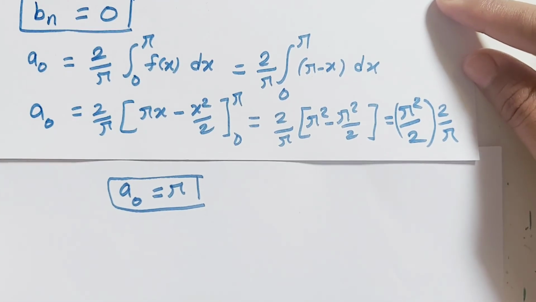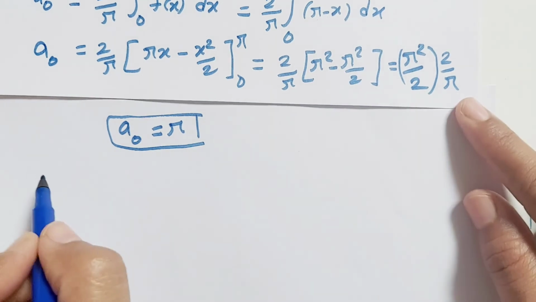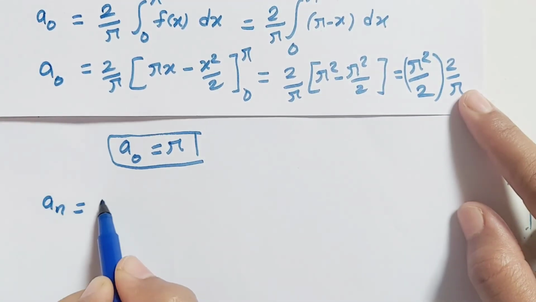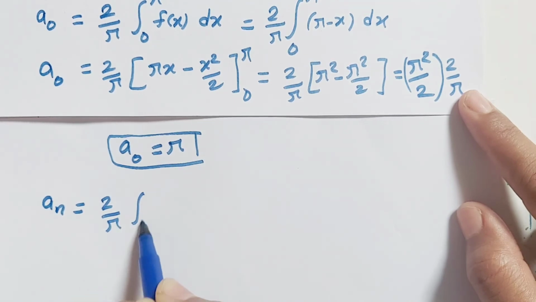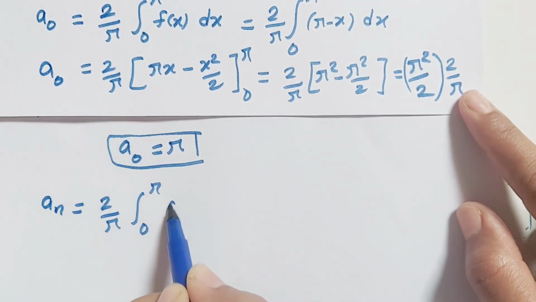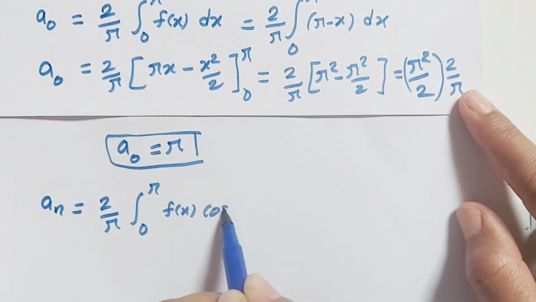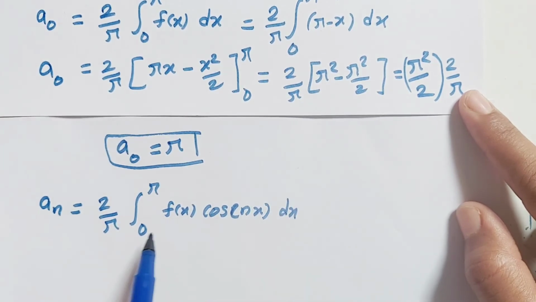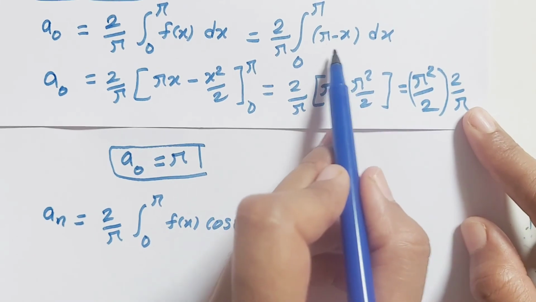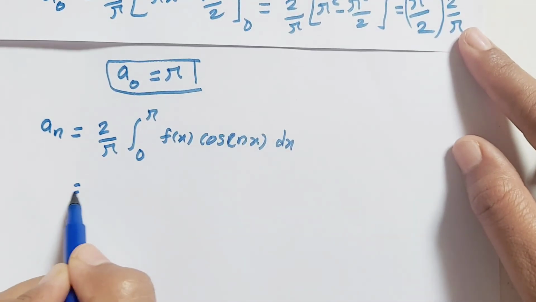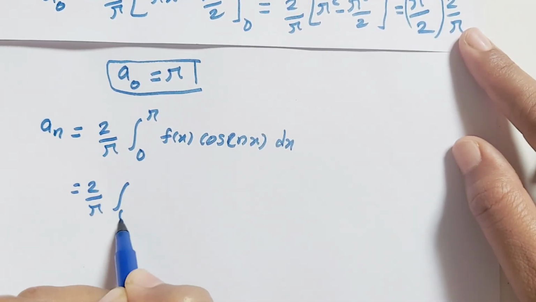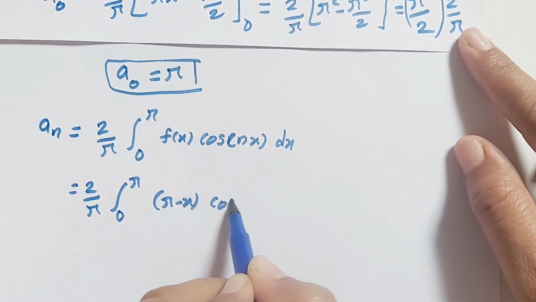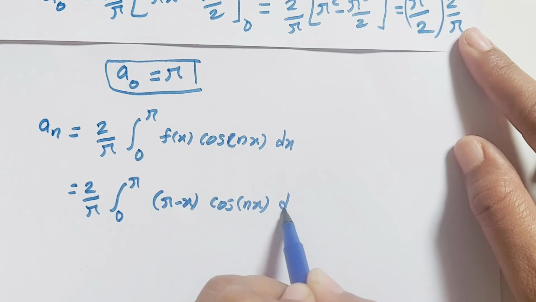Now we have to find the value of an. The formula for an, again for an even function, is 2 by pi integral 0 to pi f of x cos nx dx. Putting the value of the function, in 0 to pi it is pi minus x. So 2 by pi integral 0 to pi of pi minus x cos nx dx.